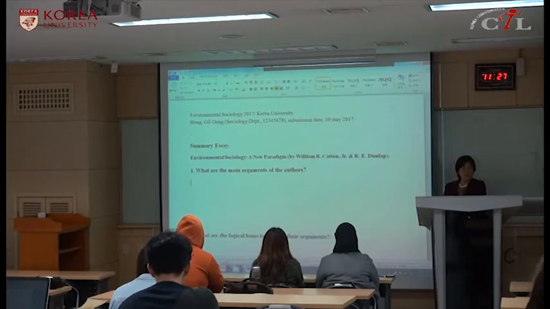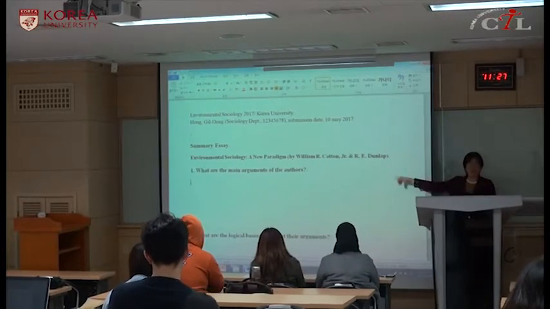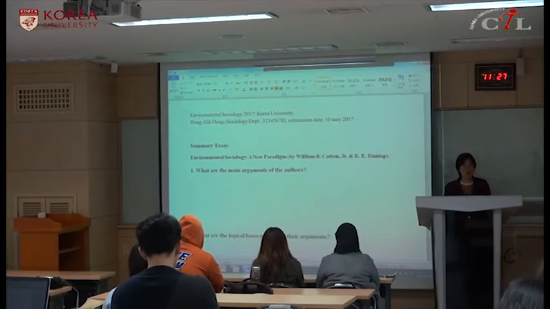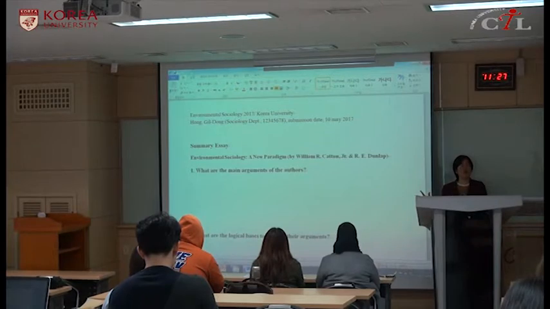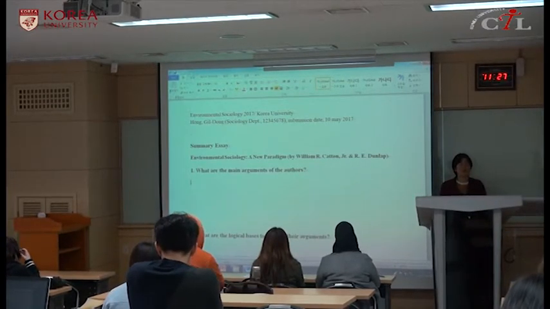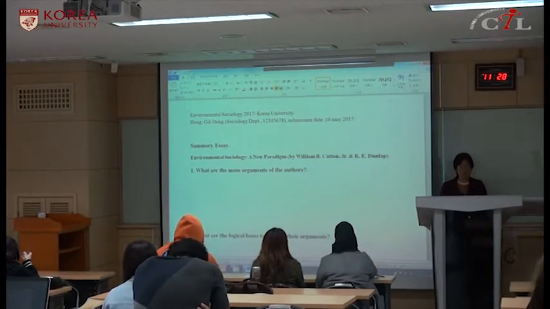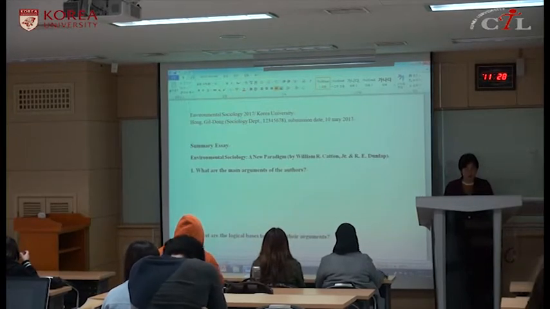When summarizing this article, you summarize it by responding to these questions. The first question is, what are the main arguments of the authors? So you type up, Catton and Dunlap try to argue, and so on.